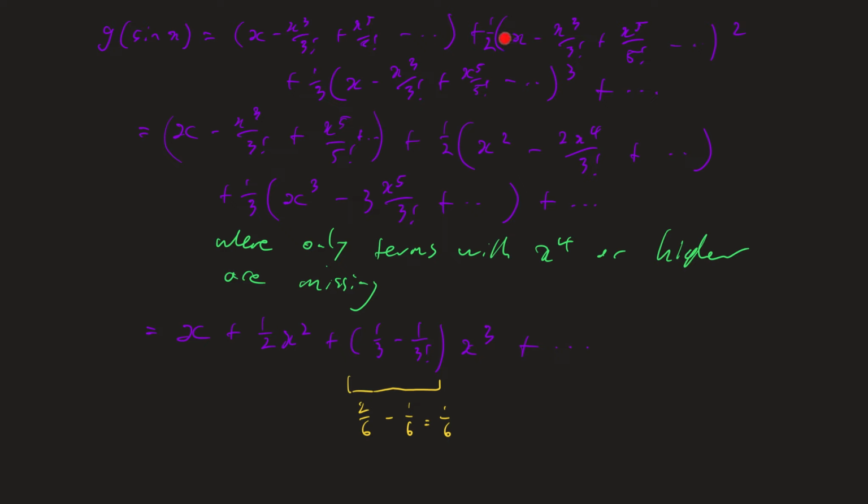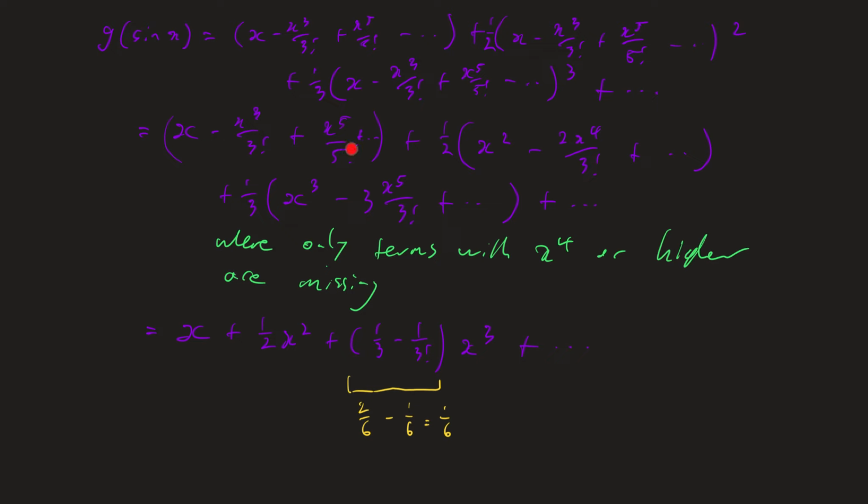Next, we evaluated this Taylor series to the power of 2 and the same Taylor series to the power of 3, and we're allowed to neglect higher order terms. By doing that, we arrived at this expression here, and because I've chosen to truncate the Taylor series of g at the power of 3 here, I don't have the power of 4 term here, so this expression is only accurate up to powers of 3. For terms of x to the 4 and higher, some of these terms might be missing in here.